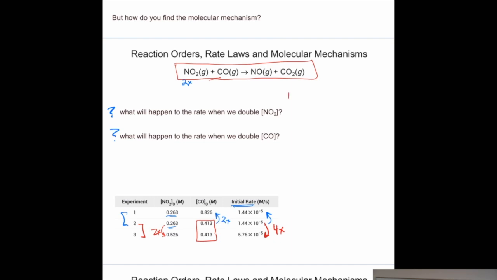So 1, you cannot predict the effect of concentration on the rate without doing the experiment.